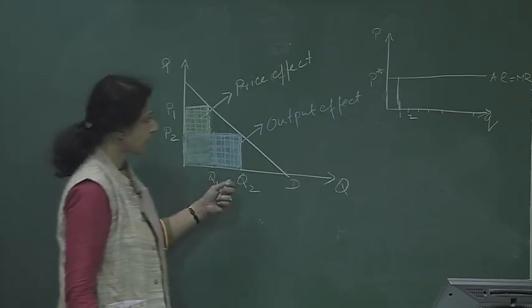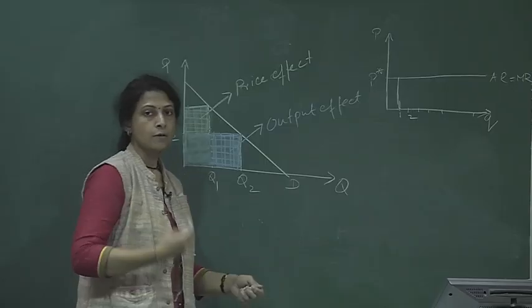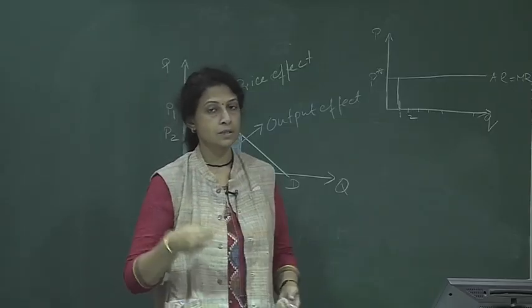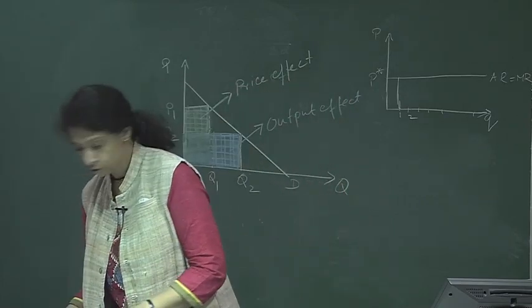So, this is the dilemma that the monopolist faces because he has a negatively sloping demand curve.